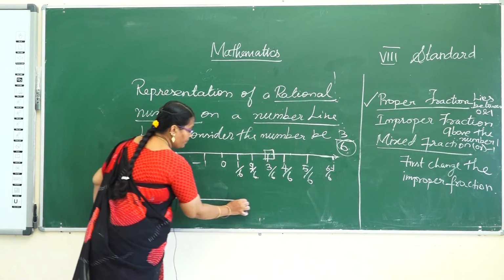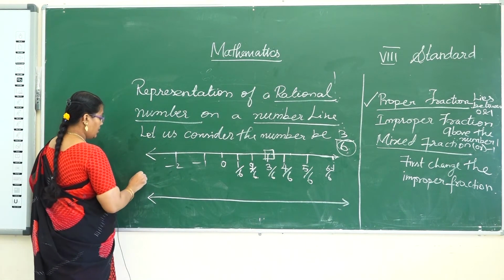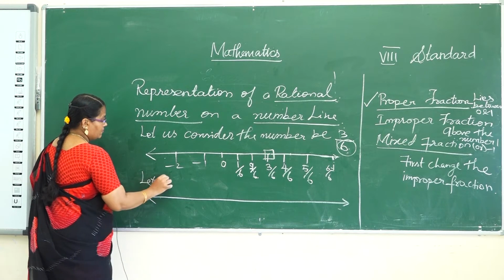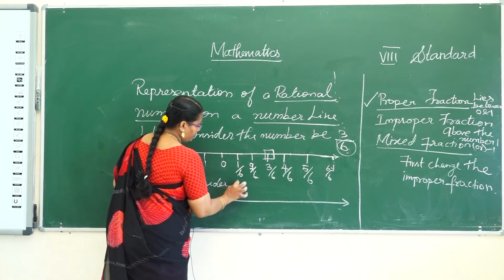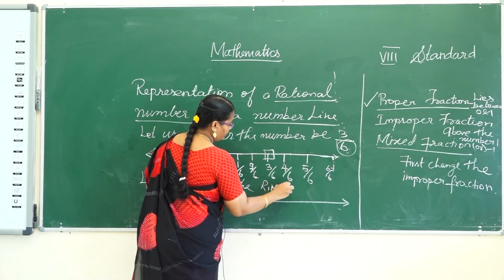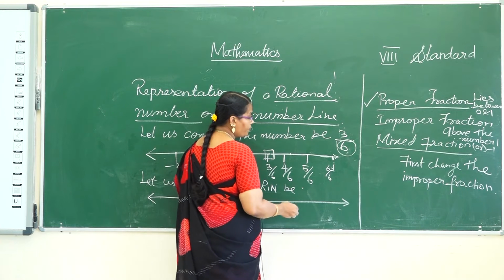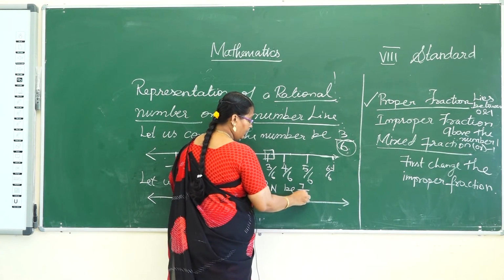Next one, improper fraction is given. Let us consider the rational number 7 by 3.